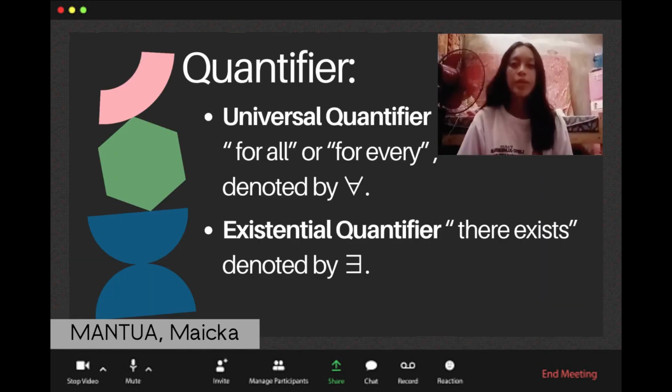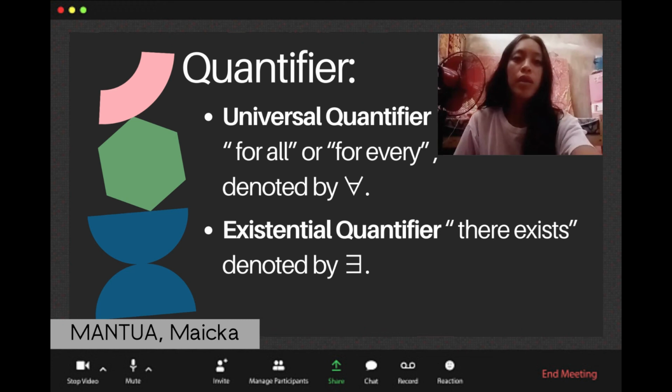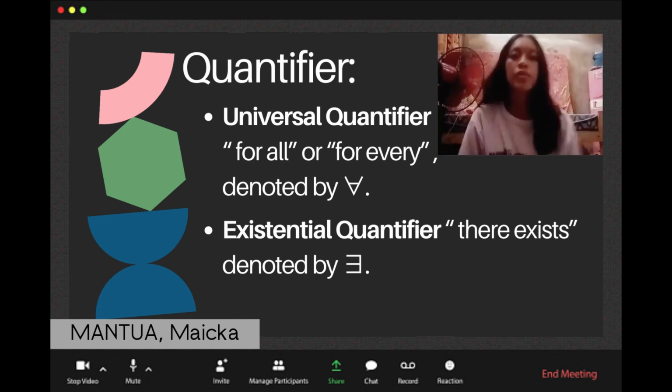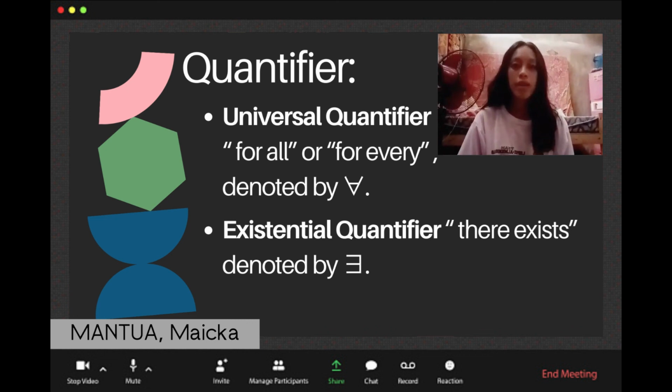There are two types of quantifier, namely the universal quantifier and the existential quantifier. The universal quantifier refers to for all and everybody. On the other hand, the existential quantifier means there exists. To tackle the converse, inverse, and contrapositive of a conditional, Miss Montezo, back to you, girl.